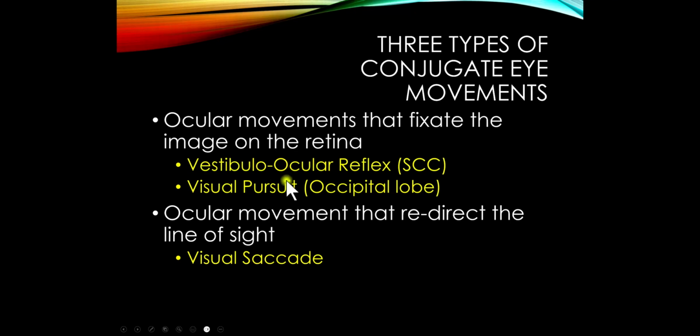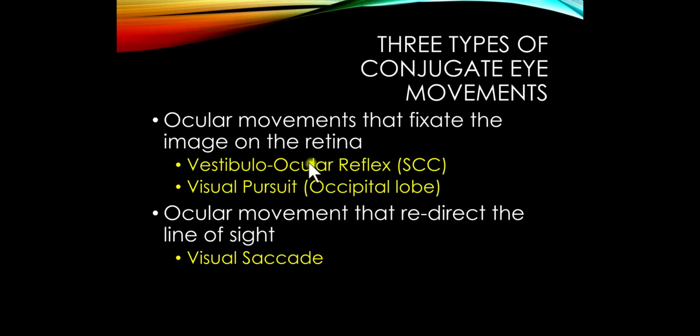As a big picture, the vestibuloocular reflex is something that we utilize every second of the day. Anytime you bounce around, move your head, even if you're sitting, the eyes are constantly moving in the opposite direction so that we can maintain alignment and fixation.